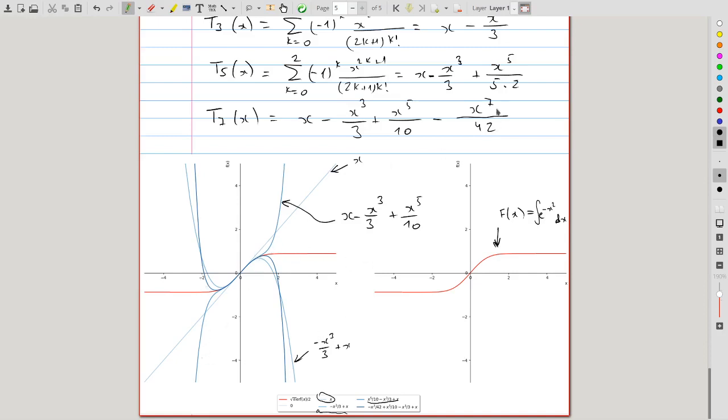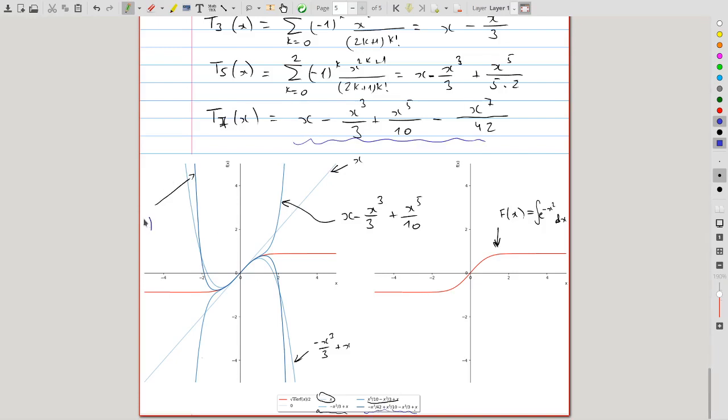And finally, there is the 7th degree T7 shown here in this very dark blue. And this is the T7, the equation for which you have here and also here.